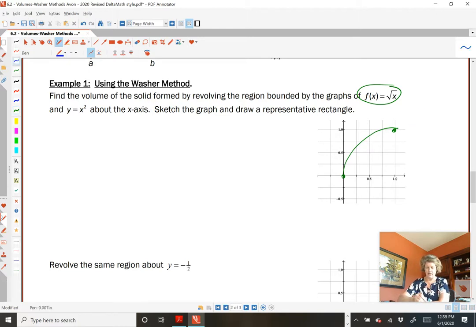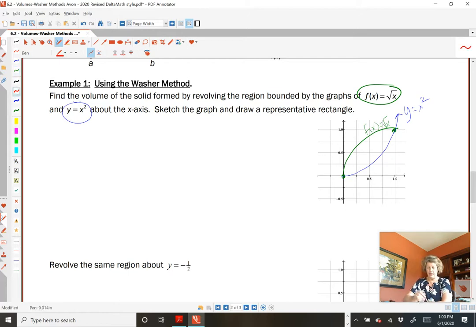The other function, let's put that one in blue, is going to be parabola shaped. So this is y equals x squared versus f of x equals square root x.